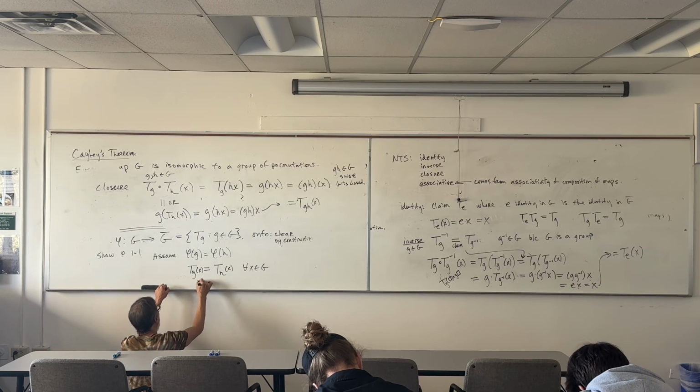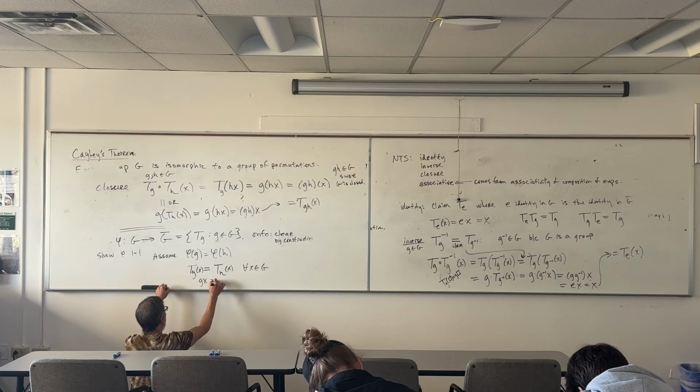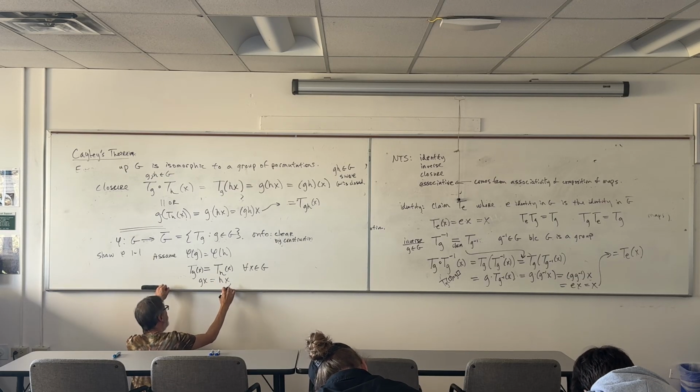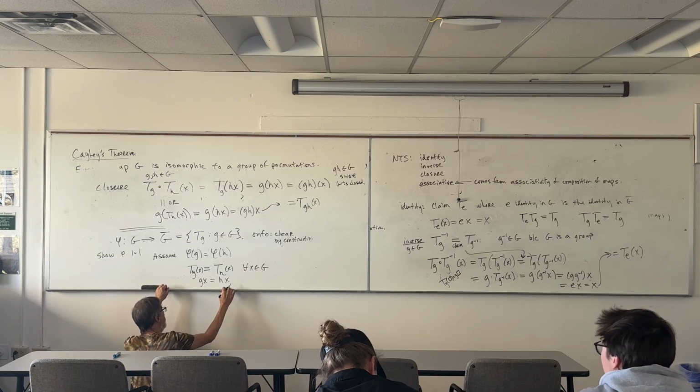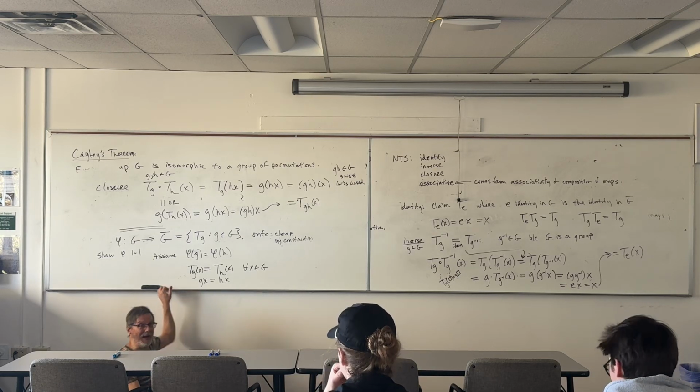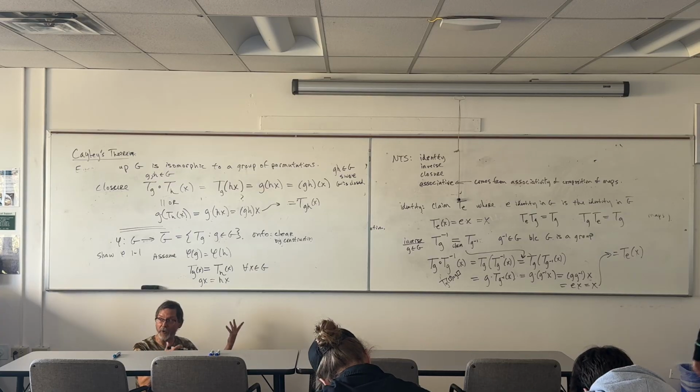Now I go to the definition. This is just G times X equals H times X. How do I show G equals H? X inverse on the right? Yep. So right multiply by X inverse.